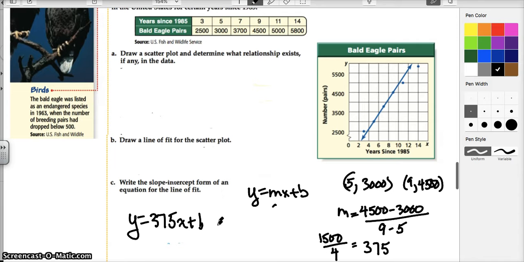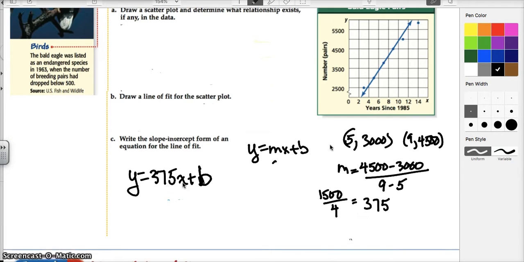Remember, I got to find that out, and I can use any point that I've been using to solve this. So since the 2 points I've used were 5 and 3,000 or 9 and 4,500, I've got to use one of these points because it's a part of the line, right? And so I'm going to use the 5 and 3,000. So 3,000 is equal to 375 times 5 plus b.